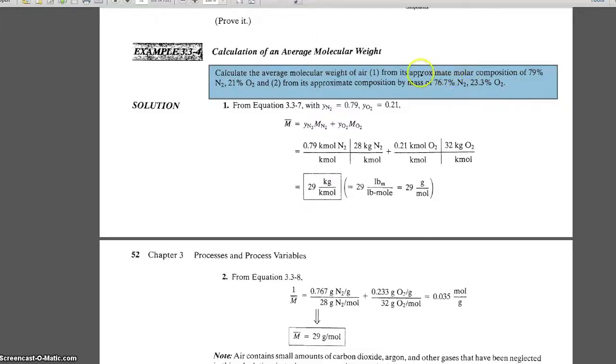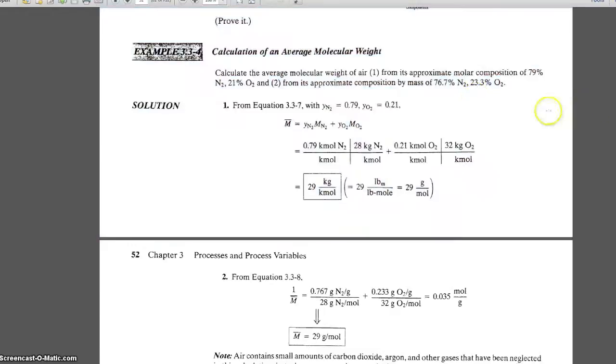That's the approximate molar composition. The molar composition is 79% to 21%, while the mass composition is 76.7 to 23.3%.